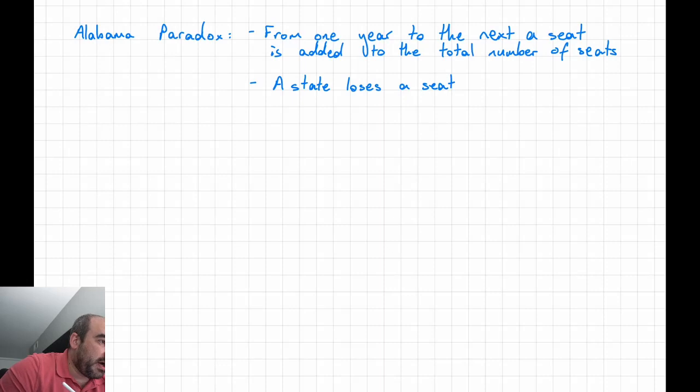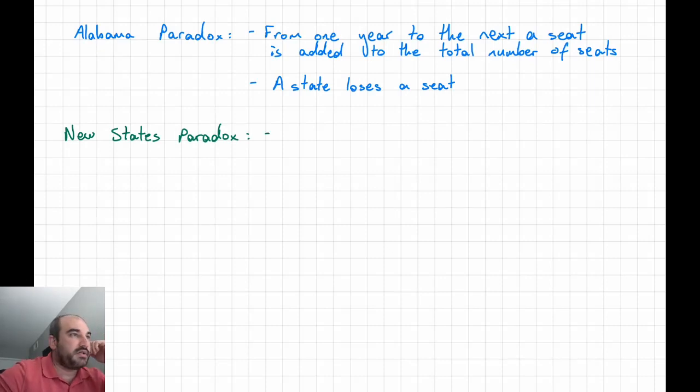Second paradox we have is the new states paradox, or the new state paradox. Who can give me the characteristics of a new state paradox?